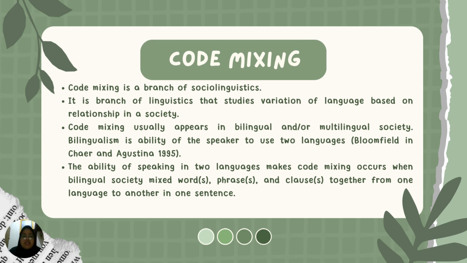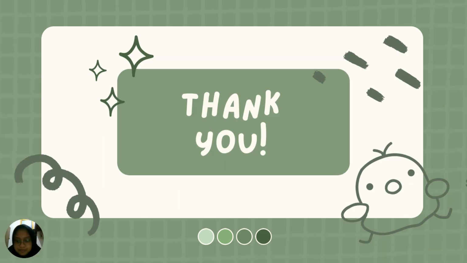Bilingualism is the ability of the speaker to use two languages, as cited in Bloomfield in Chaer and Agustina, 1995. Also, code mixing is the ability of speaking in two languages. Code mixing occurs when a bilingual society mixes words, phrases, and clauses from one language to another in one sentence.